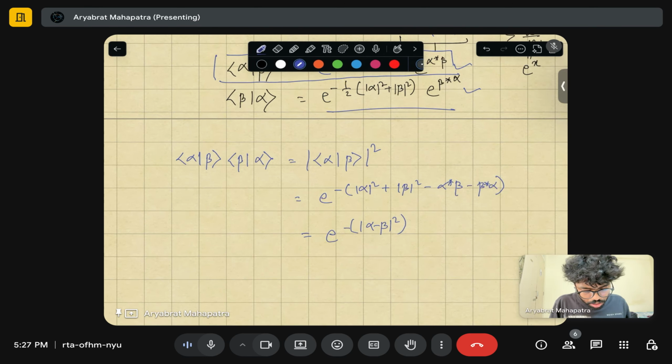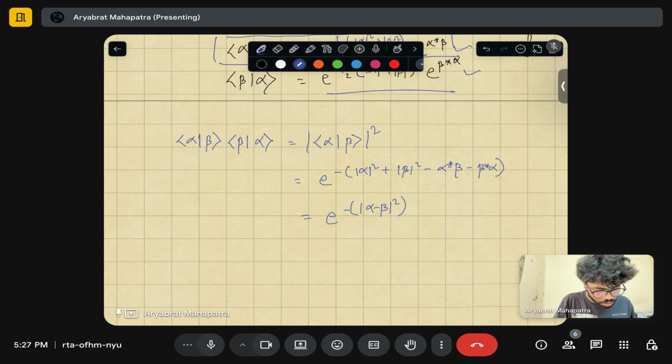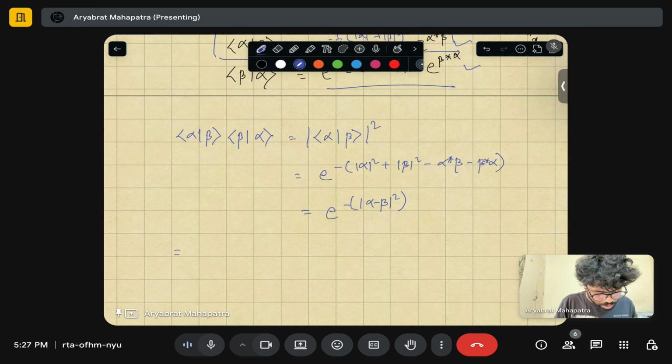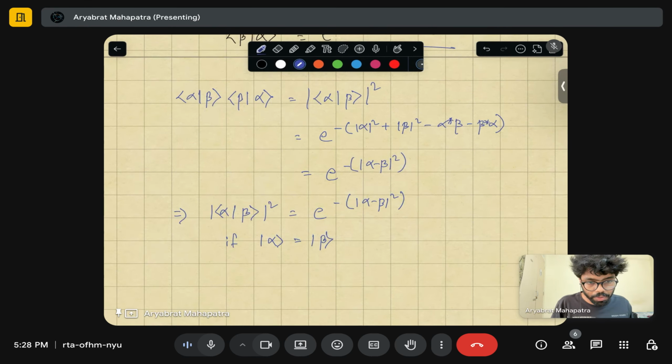So finally what we have, alpha and beta, if you take the inner product square, you will get exponential of minus alpha minus beta mod square. If alpha equals beta, that means the same state. When we do the magnitude square of the inner product of the same state, it means you are taking the normalization.